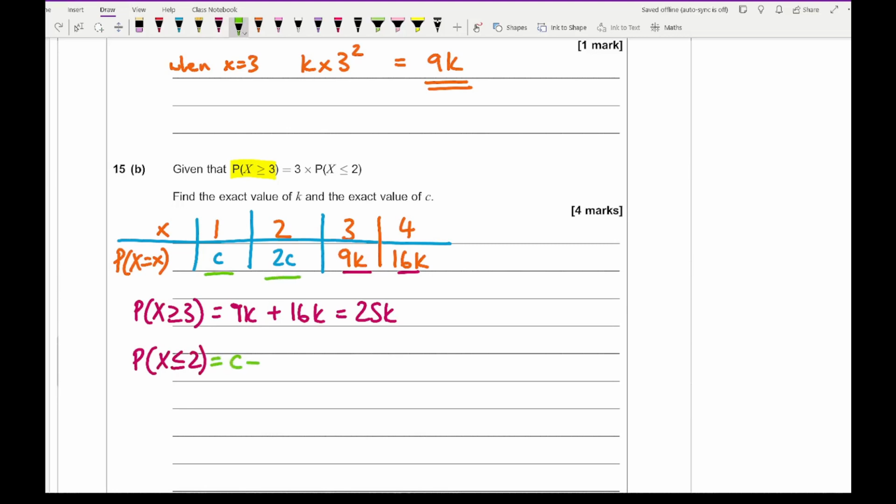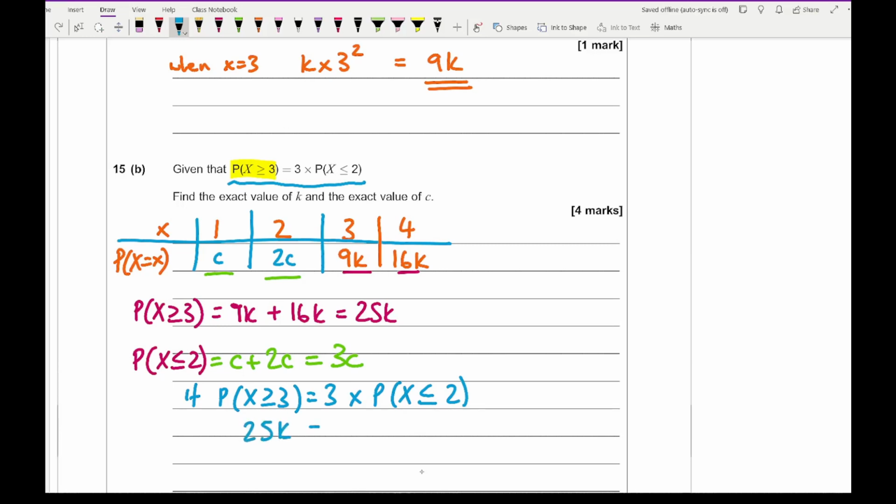It's going to be c plus 2c, which is 3c. So then joining these two components into this line here, so if probability that x is greater or equal to 3 is equal to 3 lots of probability that x is less or equal to 2, substituting those two things in, I get 25k equals 3 times 3c, so 25k equals 9c.